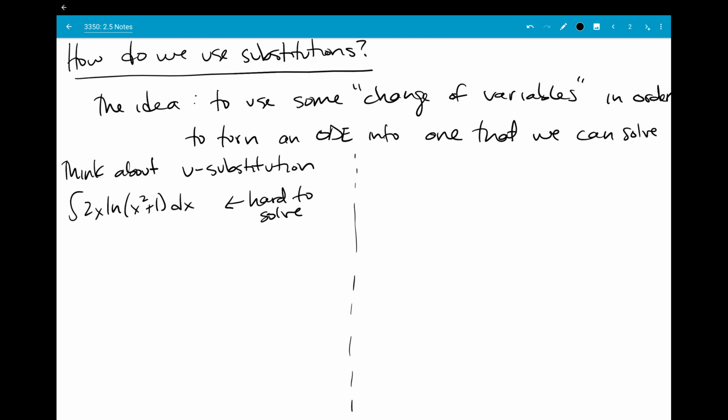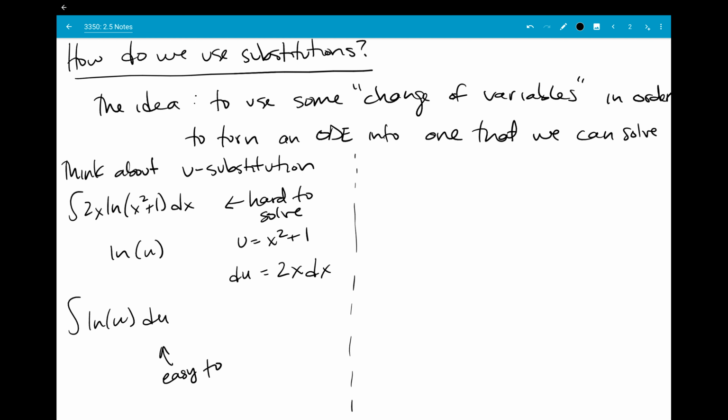Then you substitute u equal to x squared plus 1 so that you have ln of u. Then you change all your variables, so you also take du equals 2x dx, and you plug it in and you have ln of u du, and that one's easy to solve. The important thing here is that you don't forget your derivatives.